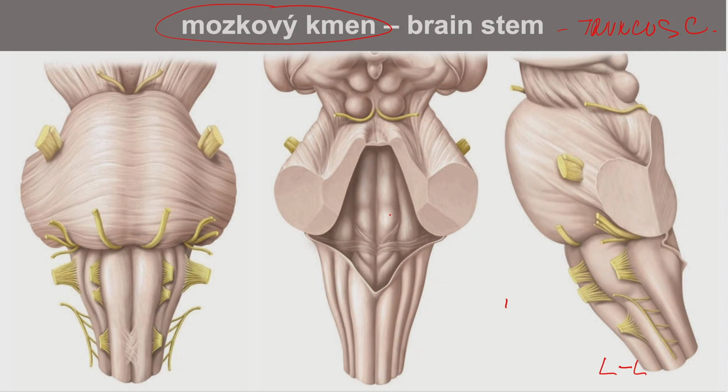On the rolled oblongata, we can see two important parts, which are fascicles called gracilis and cuneatus.